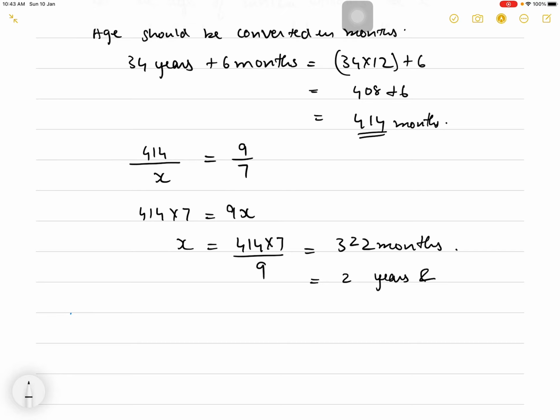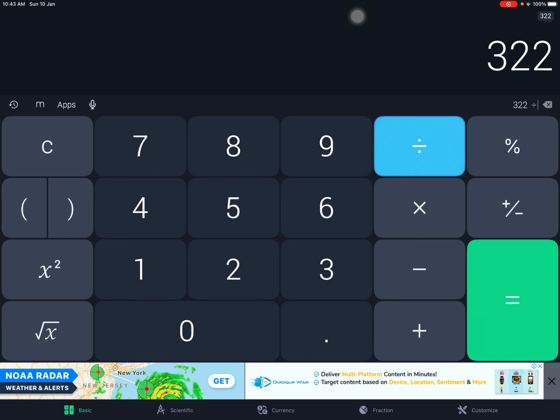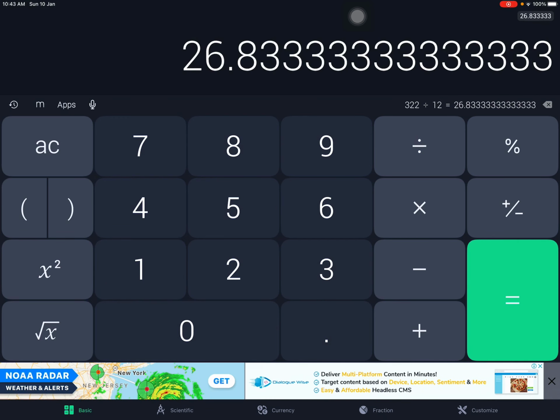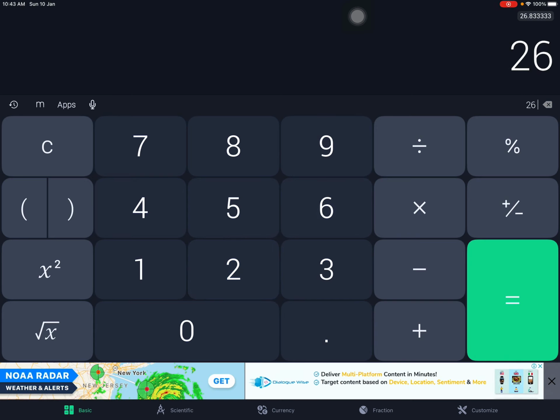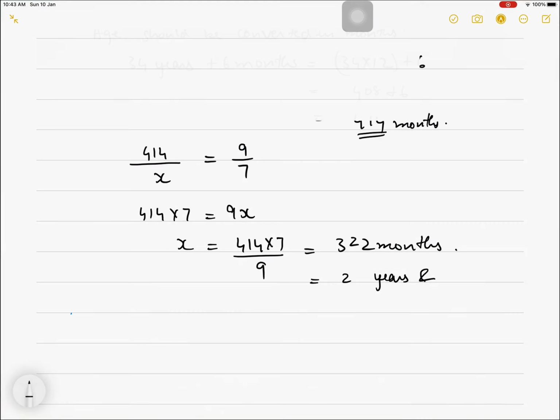Now you have to convert it into years, right? So 322 divided by 12. When you do 322 divided by 12, you get 26.83. Okay, so she is 26 years and some months. 26 years means 26 into 12, that is 312 months.